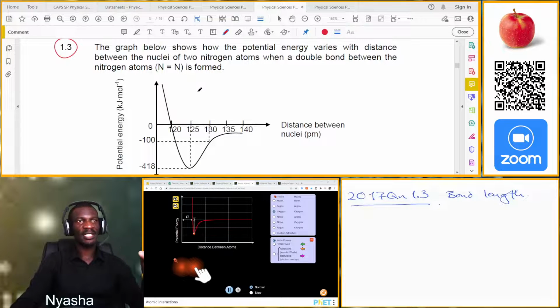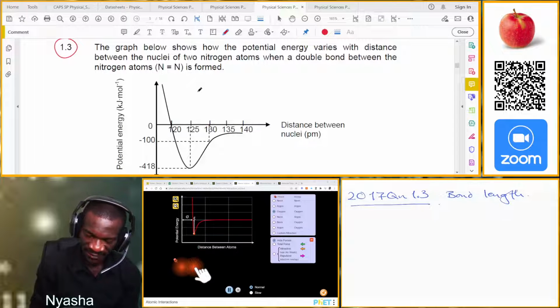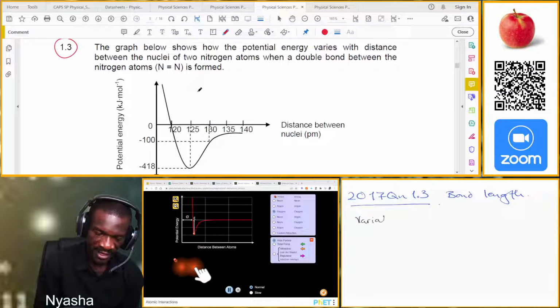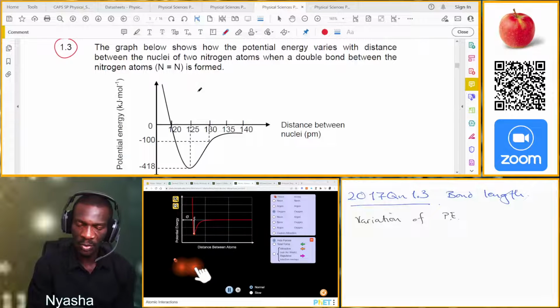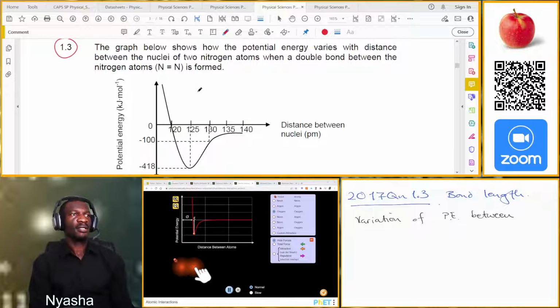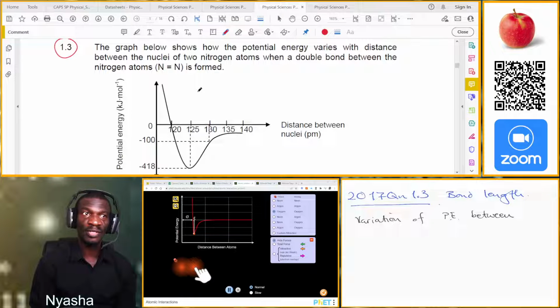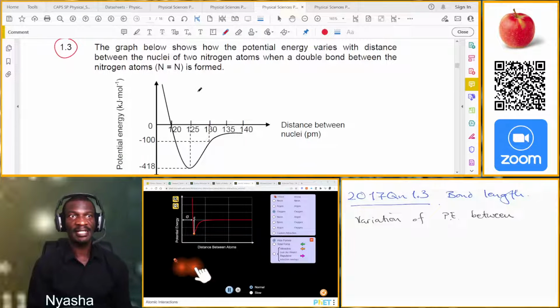This is the variation of the potential energy, I'll just write it as PE, between the nuclei of two nitrogen atoms when a double bond between the nitrogen atoms is formed.